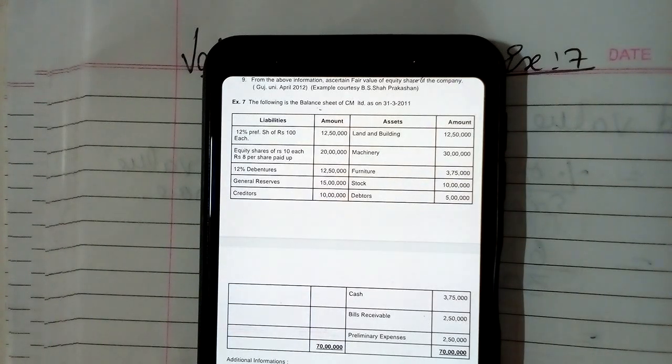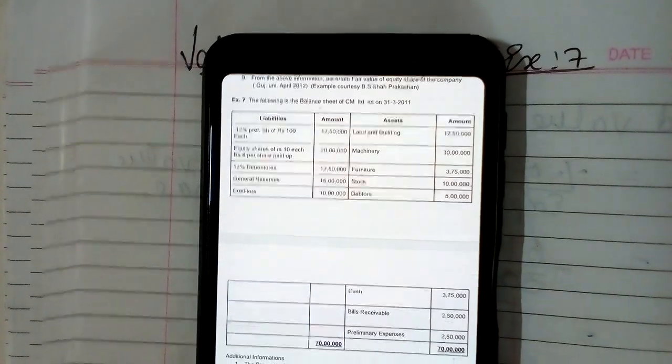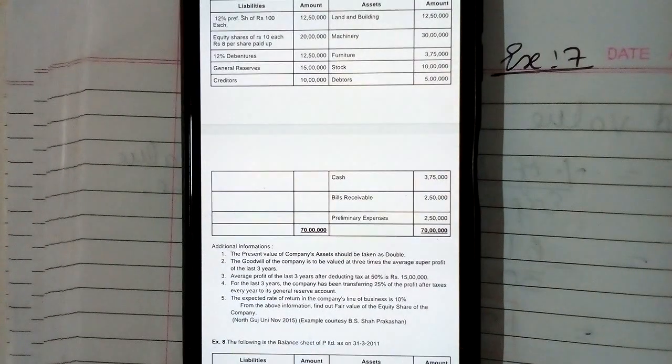On the asset side we have land and building 12,50,000, machinery 30 lakhs, furniture 3,75,000, stock 10 lakhs, debtors 5 lakhs, cash 3,75,000, bills receivables 2,50,000, preliminary expense 2,50,000, and the total of balance sheet is 70 lakhs. Additional information we have: the present value of the company's assets should be taken as double.